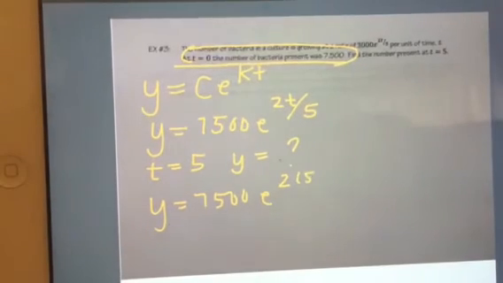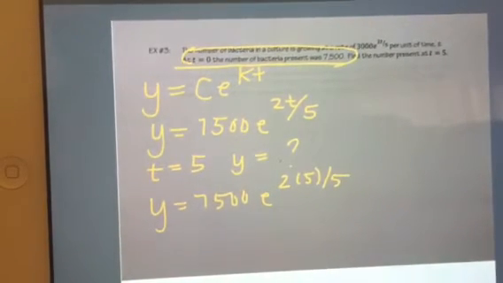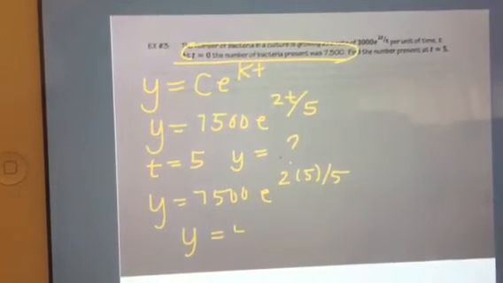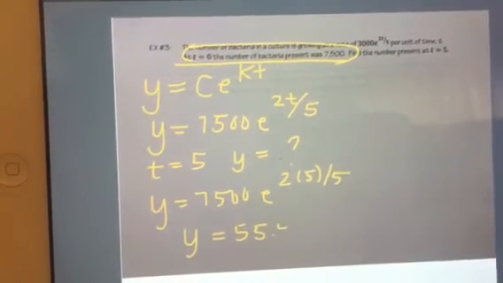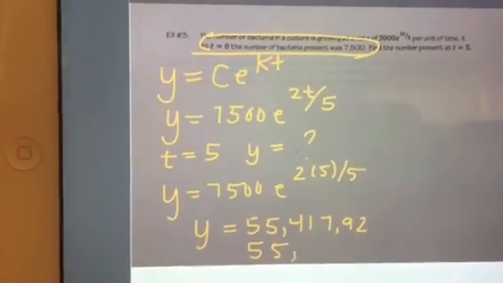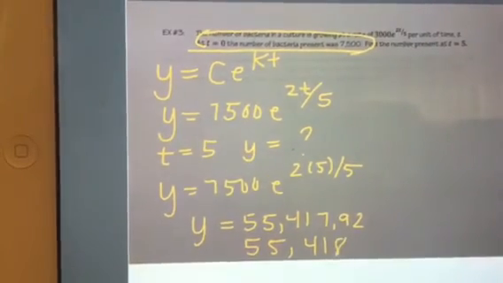So y equals 7,500 e to the 2 times 5 divided by 5. Substitute this into the calculator and you get 55,417.92, which will round off to 55,418.